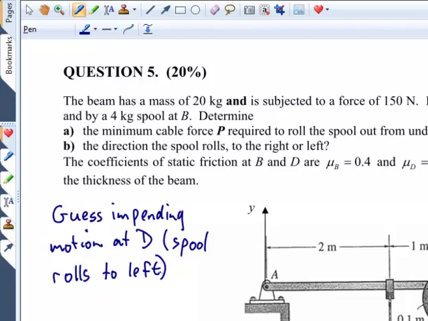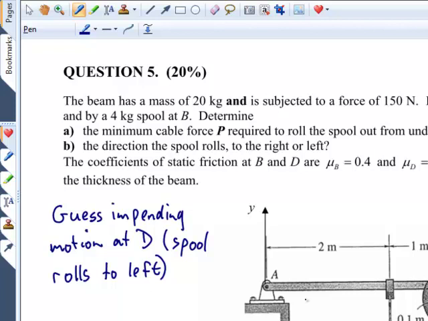All right, so how are we going to confirm that? We're going to need a free body diagram of the spool.